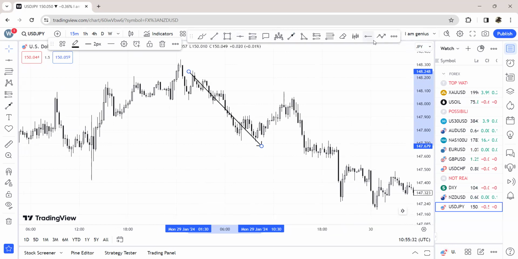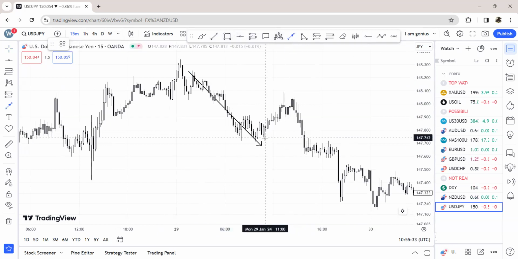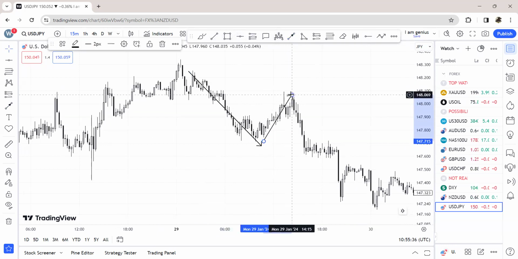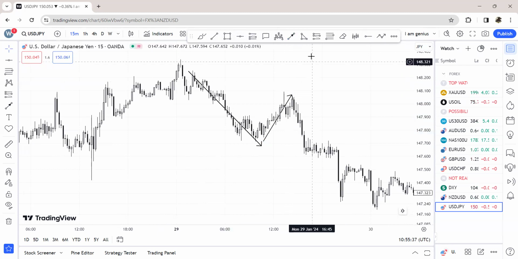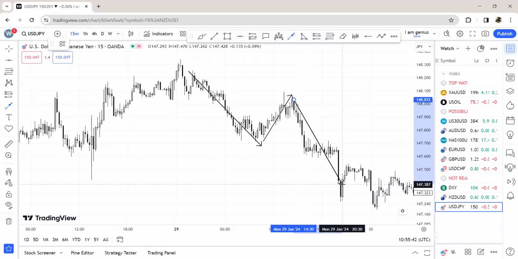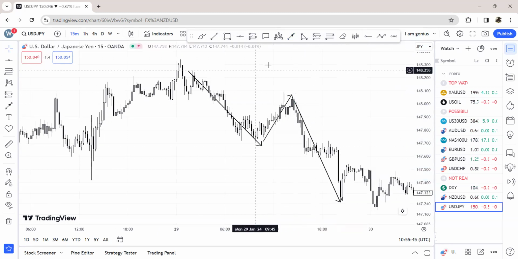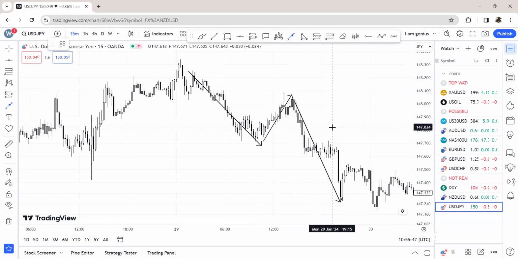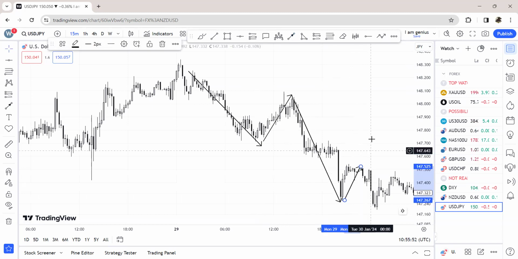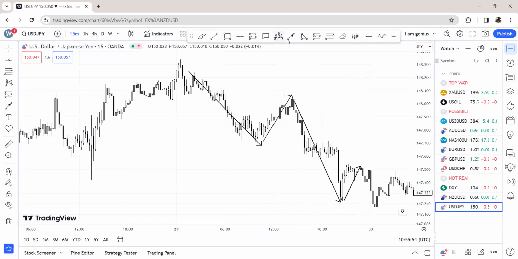Then we have this minor retracement. Remember, I said retracements have to be very small compared to the impulsive move. Why? Because if the retracement is very big, it means that the market, in the direction it's going, is losing steam. So if it's a downtrend, it's most likely going to reverse. If it's an uptrend, it's also likely going to reverse in the opposite direction.